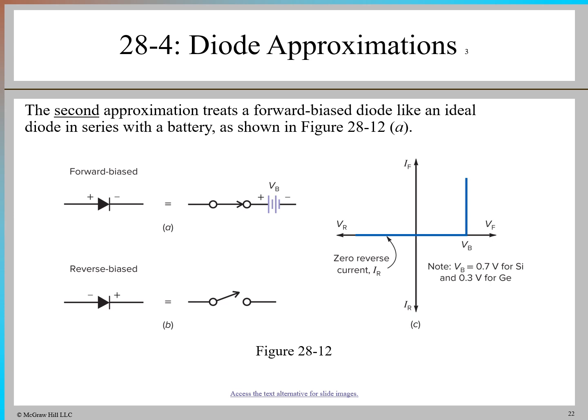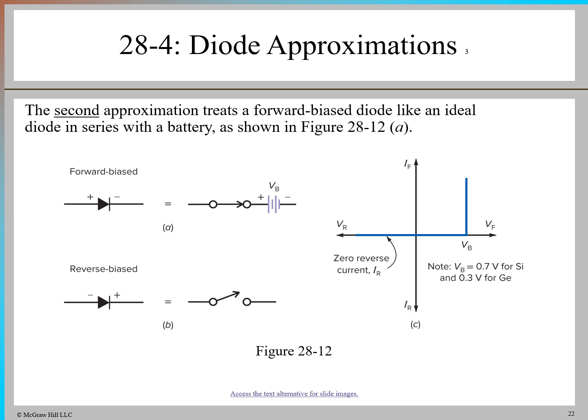The graph in figure 28-12C illustrates that the diode is considered off until the forward voltage reaches 0.7 volts, at which point the diode starts conducting. Once conducting, the diode is assumed to have a constant 0.7 volt voltage drop across it regardless of the current flowing. This approximation is more accurate than the first and is used when more precise answers are needed in circuit analysis.